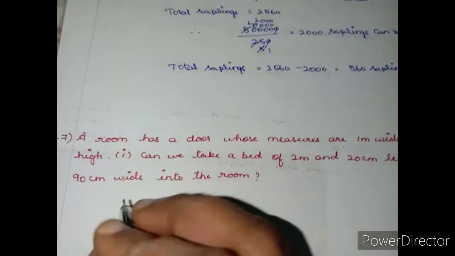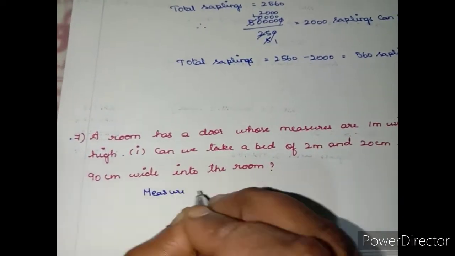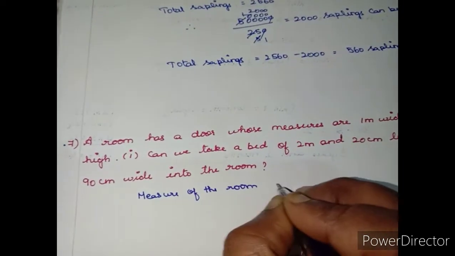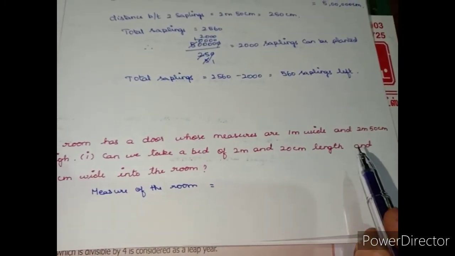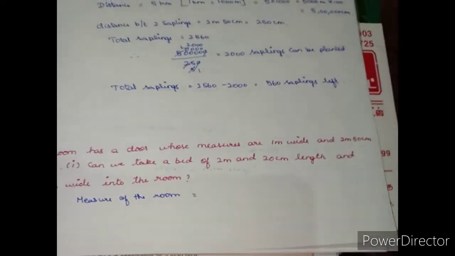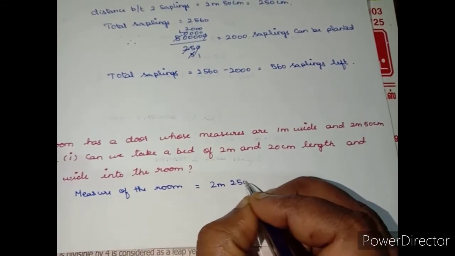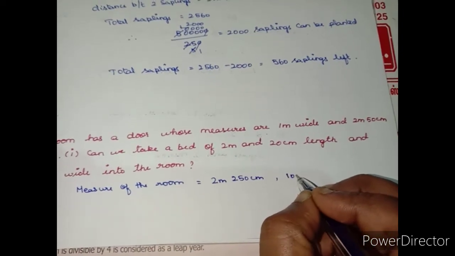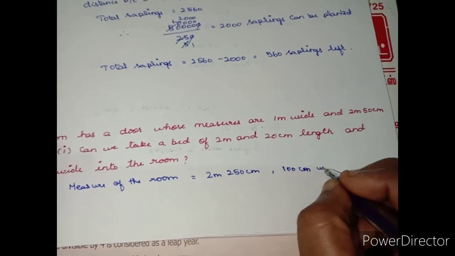What is given here? Measure of the room. It is 1 meter and 2 meter 50 centimeter high. 2 meter 50 centimeter high and 1 meter means that is 100 centimeter wide.